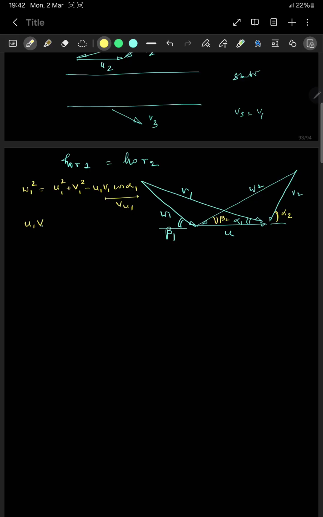So u1 vu1 is equal to u1 square plus v1 square minus w1 square divided by 2. I missed the 2 over here.